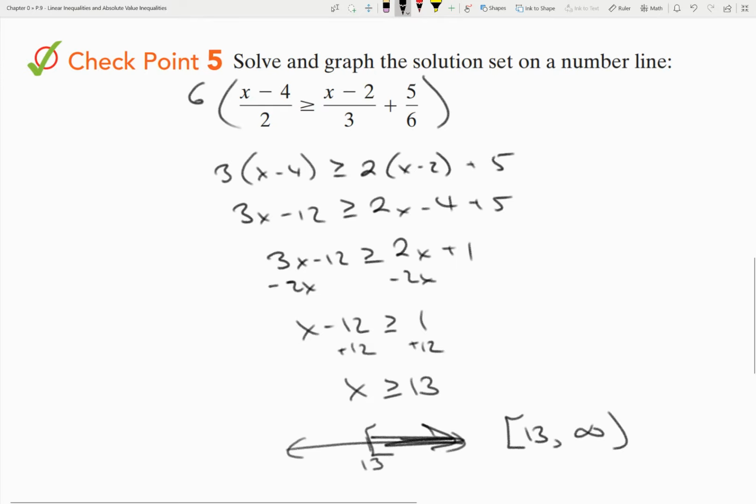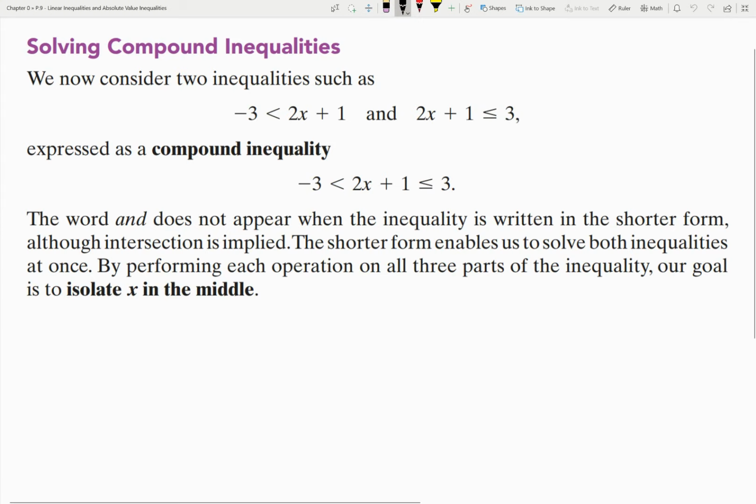All right, so next comes compound inequalities. Let's consider two inequalities like -3 is less than 2x plus 1 and 2x plus 1 is less than or equal to 3. You can smush these two together to make a compound inequality, like -3 is less than 2x plus 1, which is less than or equal to 3. You don't have to write the word and.